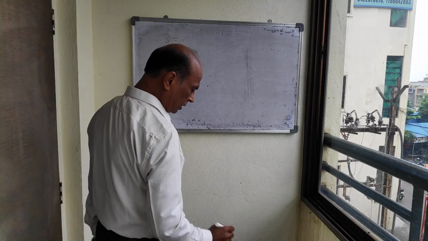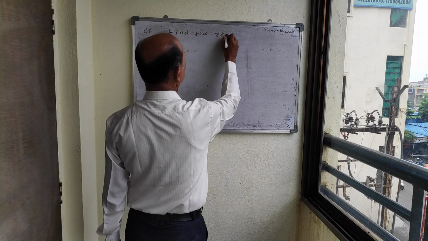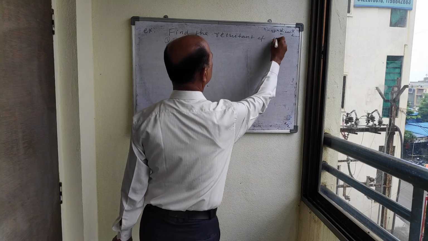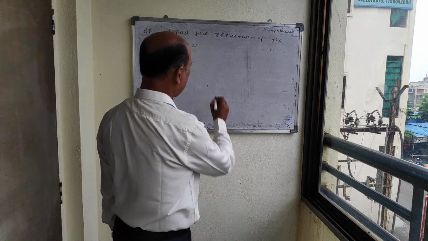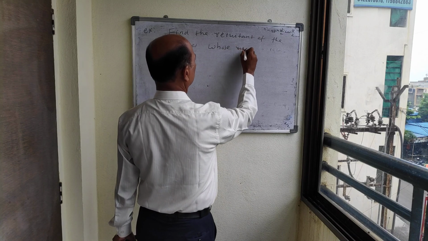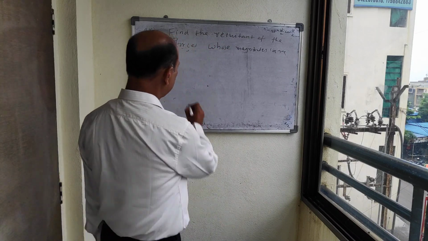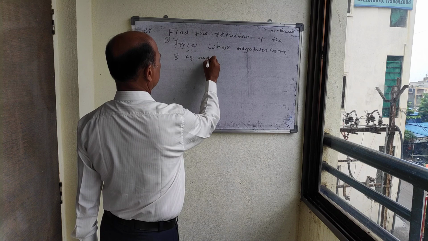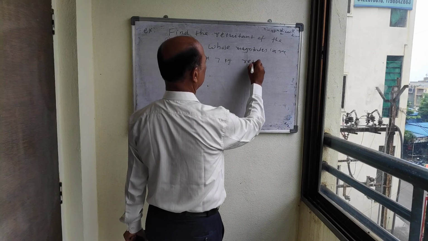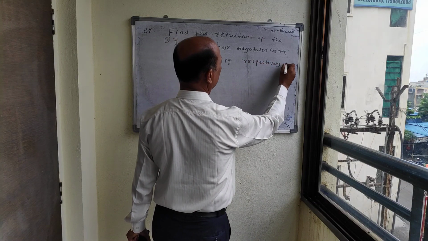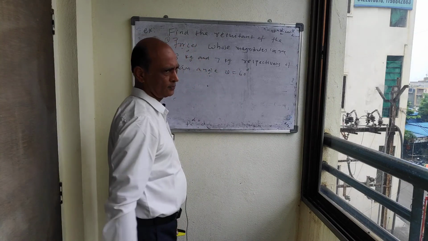Find the resultant of the forces whose magnitudes are 8 kg and 7 kg respectively, at an angle theta equal to 60 degrees.